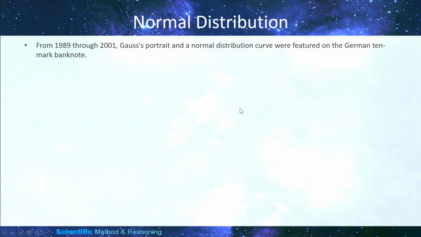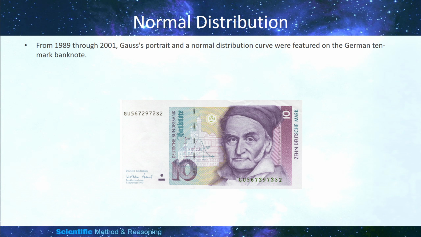The next thing we're going to talk about is the very important probability distribution called the normal distribution. The normal distribution is actually a very, very important distribution. How important is it? In Germany, before they adopted the currency euro, they had their own currency called Deutschmark.